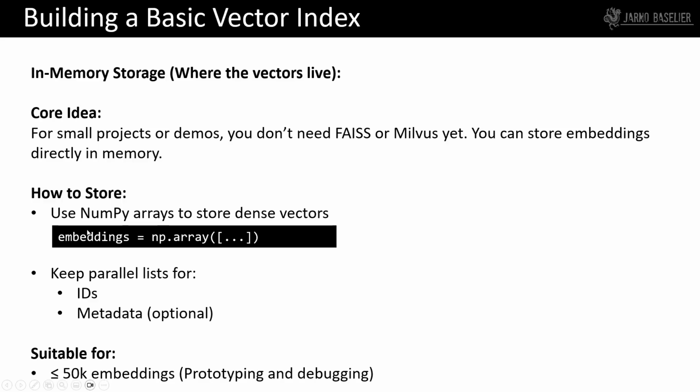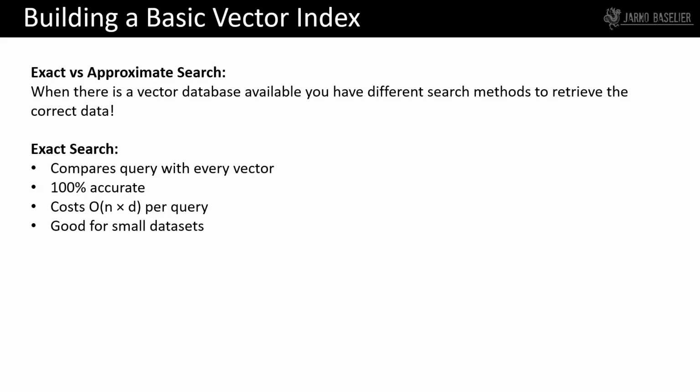And here you see a little example of how to create a specific array. Keep parallel lists for IDs, metadata, etc. All the things we just discussed, which we need to save together with the vectors. And this is suitable for approximately 50,000 embeddings or a little less, for instance, for prototyping and debugging.